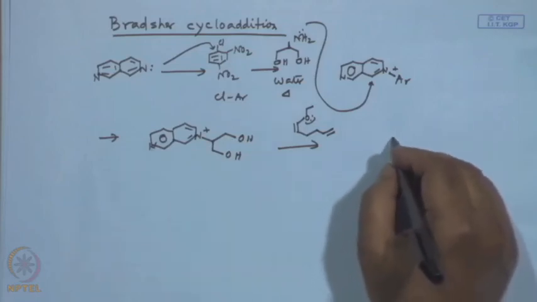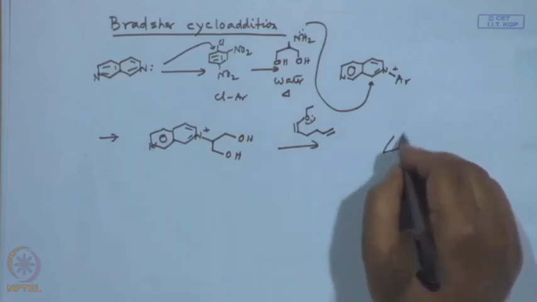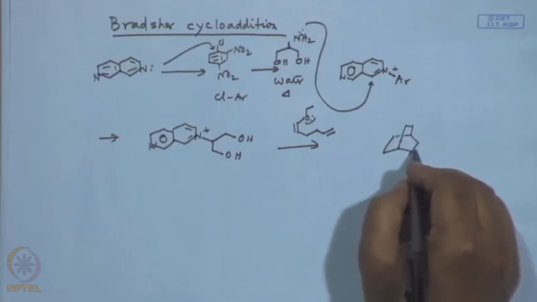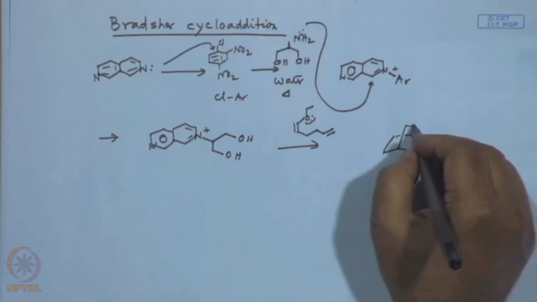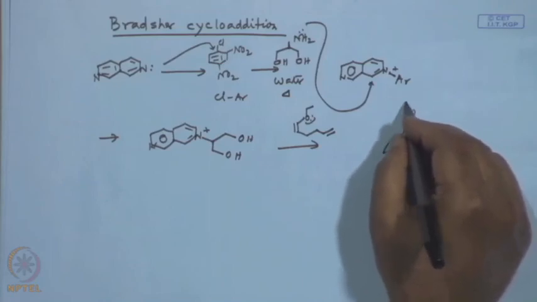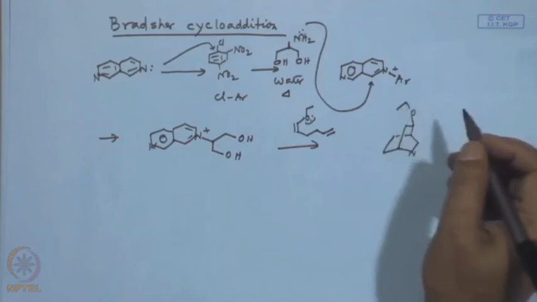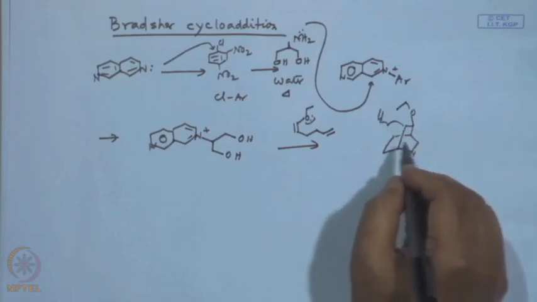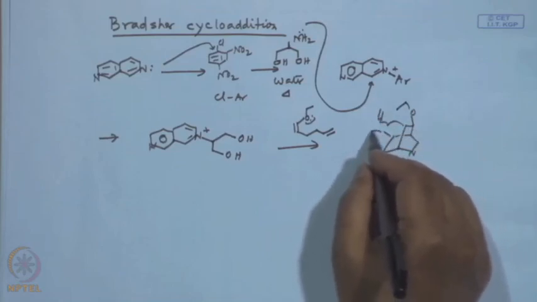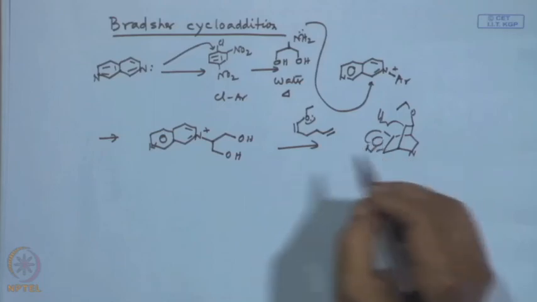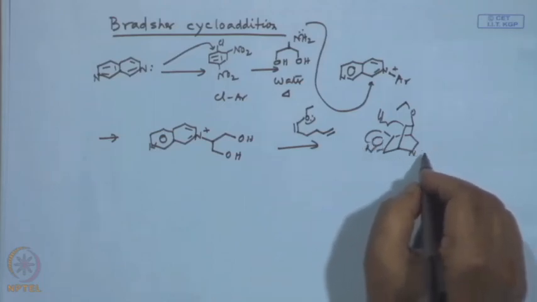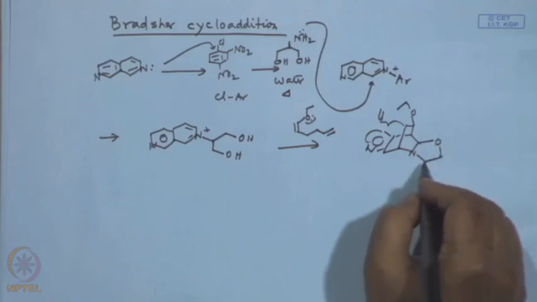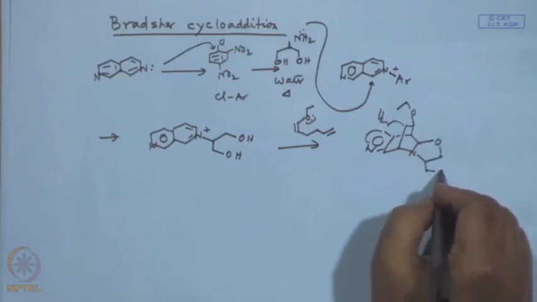So this reaction would take place and give the product, just 1 minute, okay. This one, and you have this side chain, then you have this pyridine nucleus and oxygen, and probably this one.